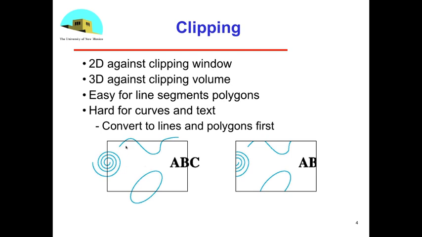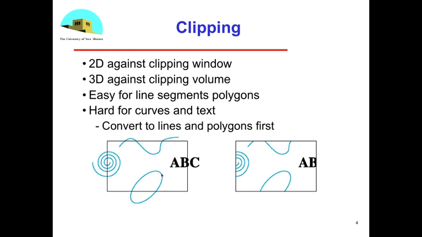For a curve here, which I might know analytically, I have a function that gives it explicitly. I may not know how many places it crosses over the edge of the window, or in 3D the volume, and computing them may not really be feasible, because you might have to apply some complex numerical method to find where these intersections actually are.